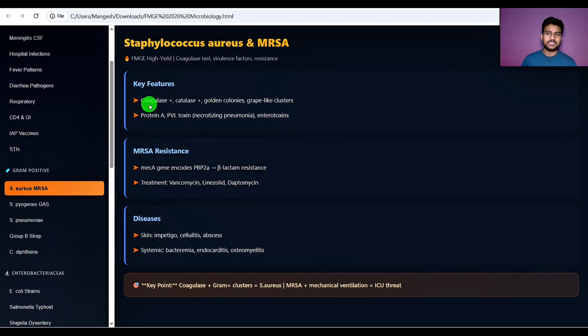And here you can see that this is coagulase positive, but there is one more thing that distinguishes this Staphylococcus family further, that is novobiocin sensitivity. In novobiocin sensitivity, the one that is sensitive is S. epidermidis, as we discussed right now. But there is one more organism, Staphylococcus saprophyticus, and that is related to UTI.